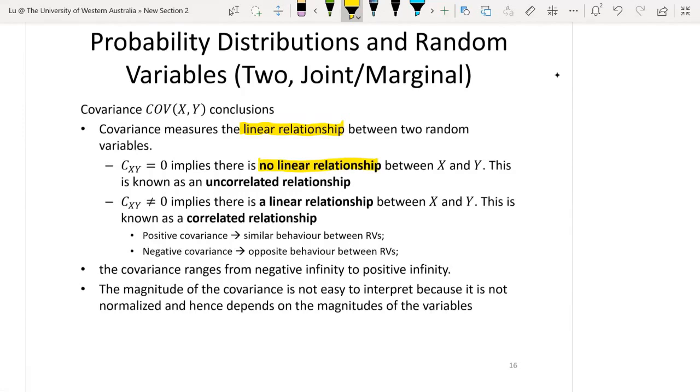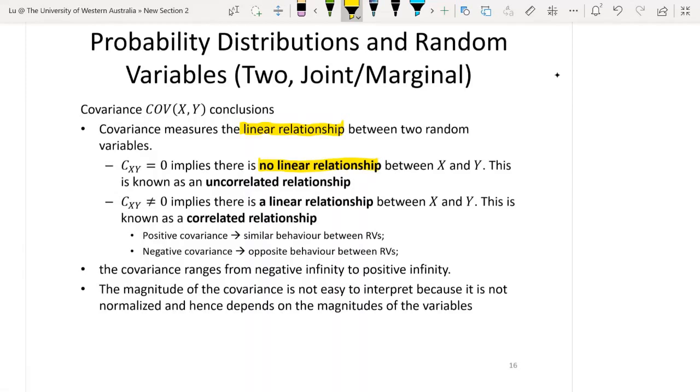In the future, we are not going to use such a long term to say no linear relationship between x and y. We want to use another professional term to describe it. We say x and y are uncorrelated. Now this uncorrelated means no linear relationship.